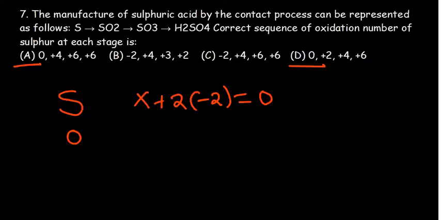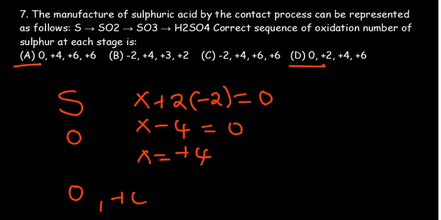There's no charge, so we equate it to 0. Therefore our X will be equal to +4. So already we have 0, +4, making A the answer.